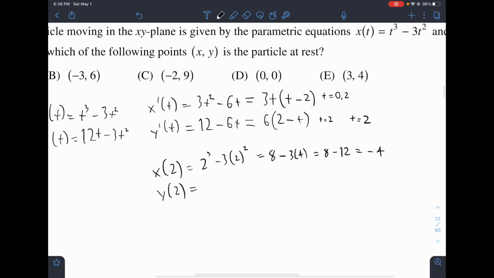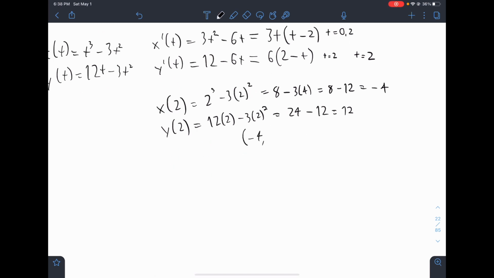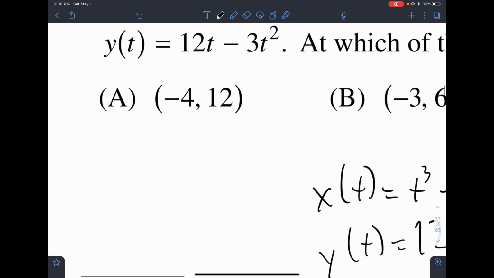Now y of 2 is equal to 12 times 2 minus 3 times 2 squared. And that's equal to 24 minus 12, which is equal to 12. So our final coordinates are negative 4, 12, and this looks like answer A, so A is our answer, negative 4, 12.